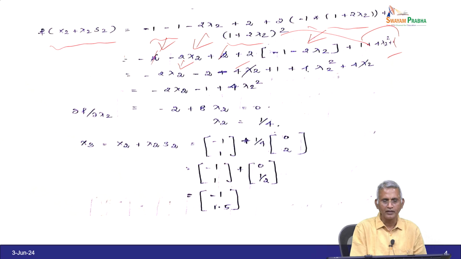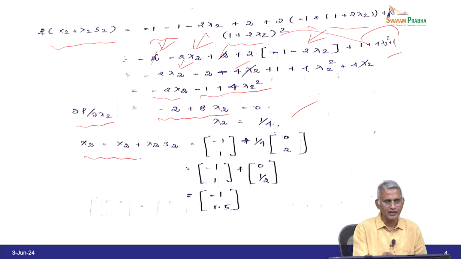Simplify and these two get cancelled, remaining minus 2 lambda 2 minus 1 plus 4 lambda 2 square, and the gradient at that point, dou f by dou lambda 2, equal to 0. Therefore, minus 2 plus 8 lambda 2 equal to 0, therefore lambda 2 equal to 1 by 4.